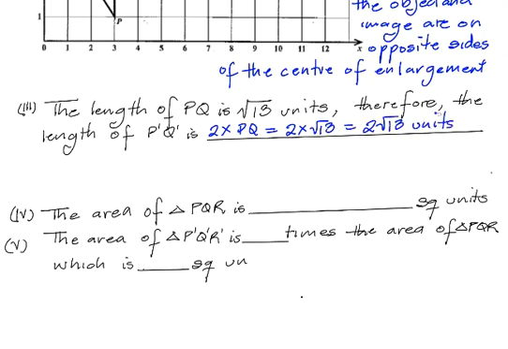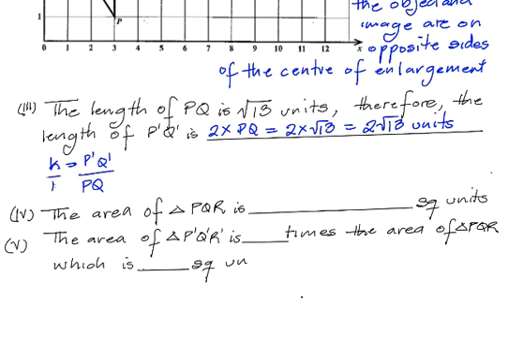And you didn't have to work that out. Where did we get that from? Remember we said earlier that K would be equal to P'Q', in other words, the length of one side on the image divided by PQ, which is the length of the corresponding side of the object.